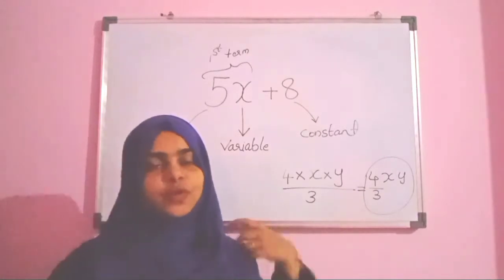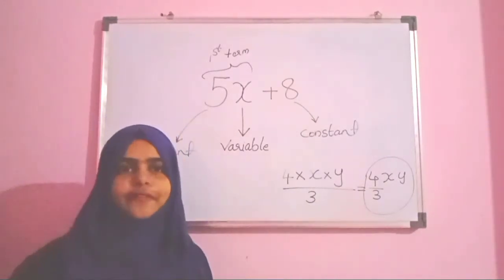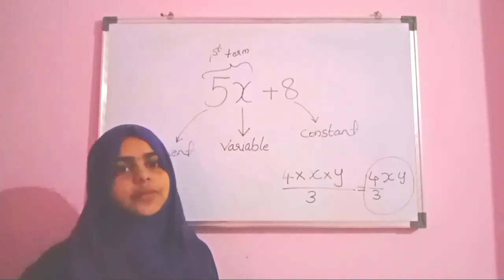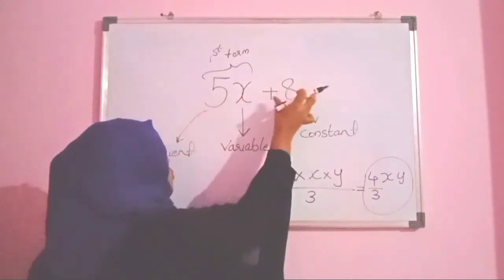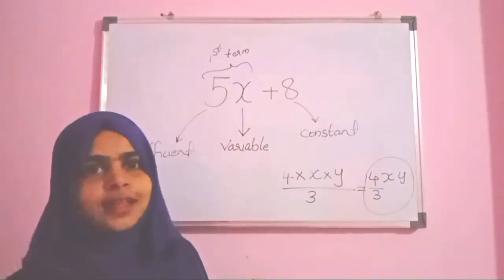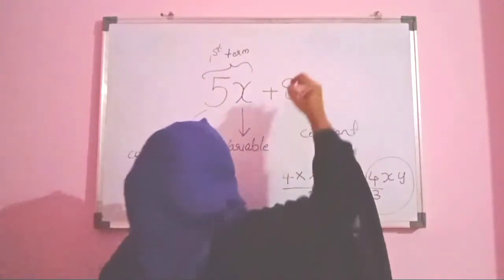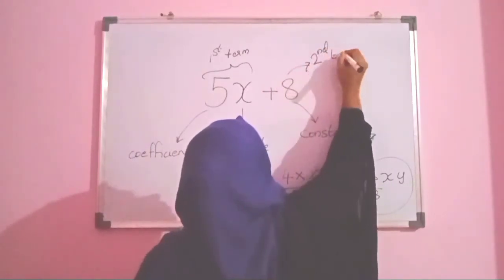And when we use addition or subtraction to connect variables, or numbers and variables, then it becomes what? Two terms. Here we connected these two things using addition, then it becomes two terms. This is our first term and this will be our second term. 8 will be our second term. Understand?